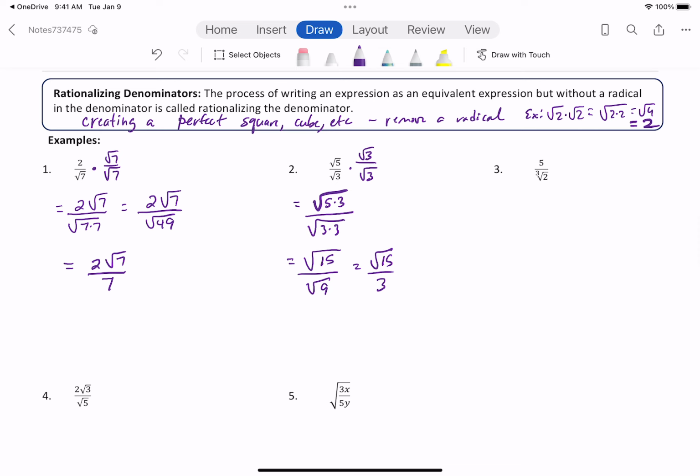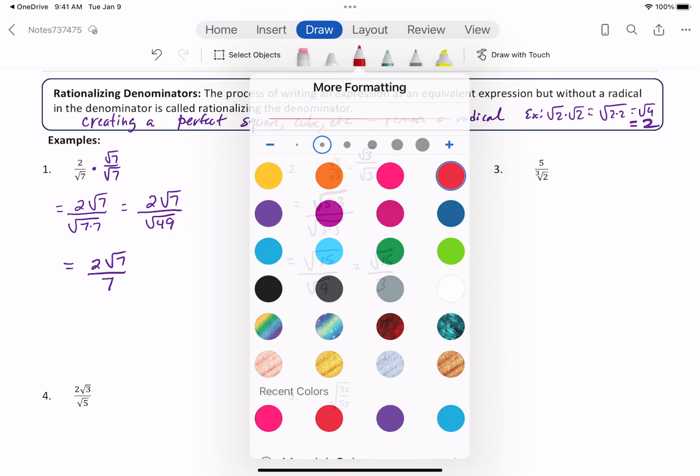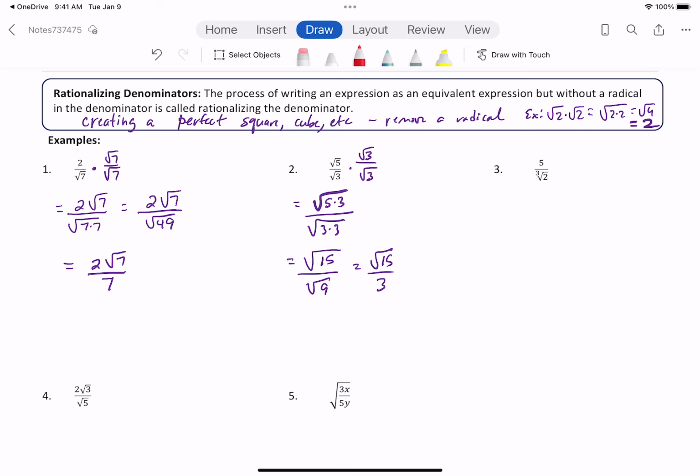Now when it's a cube root, it's a little more difficult. So first I'm going to work it wrong to show you. If we use the same idea that we've been doing, say, well, I see a cube root of 2 in the bottom. So I'm just going to multiply by cube root of 2 to rationalize.